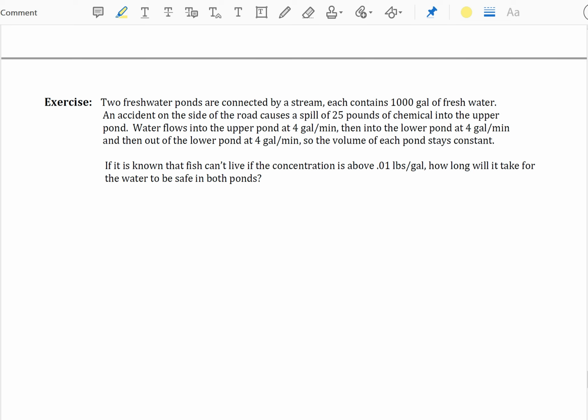Two freshwater ponds are connected by a stream. Each contains 1,000 gallons of fresh water. An accident on the side of the road causes a spill of 25 pounds of chemical into the upper pond.